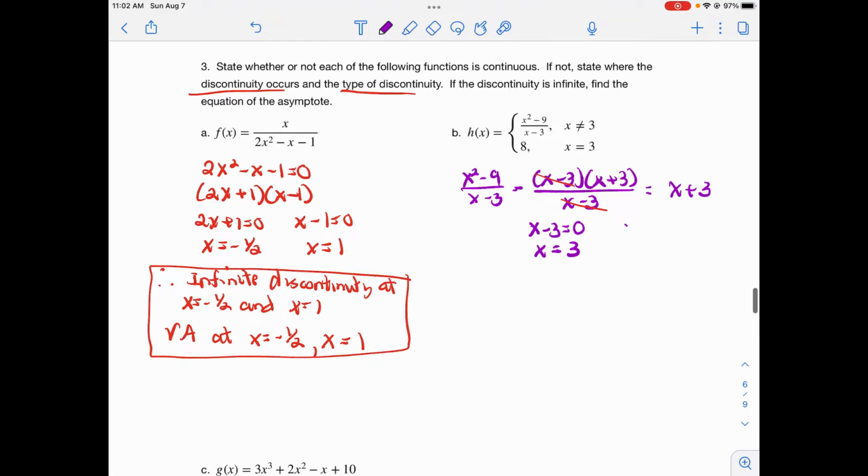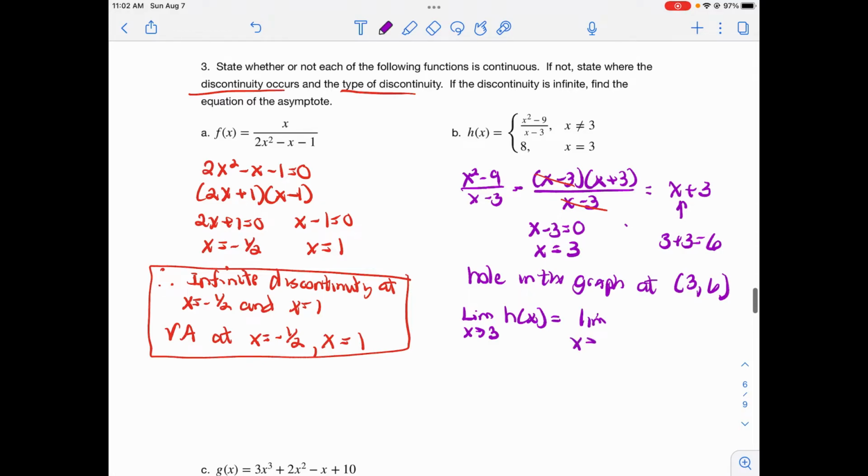And if I plug 3 into this equation here, I get 6. So I have a hole in the graph at (3, 6). That tells me the limit as x approaches 3 of h of x is equal to the limit as x approaches 3 of our function, which we just simplified, to be 6.